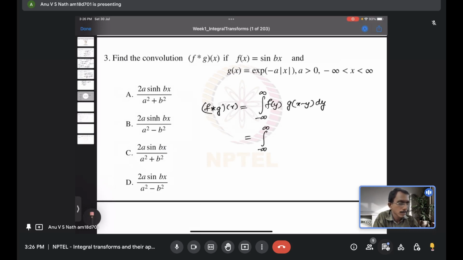If you do a change of variables, substituting x minus y as a new variable, let's say x minus y as u, then in terms of the integral x is a constant.